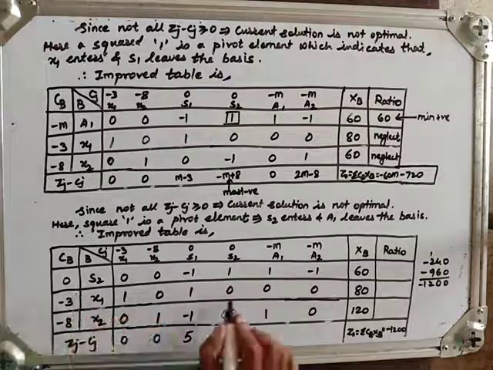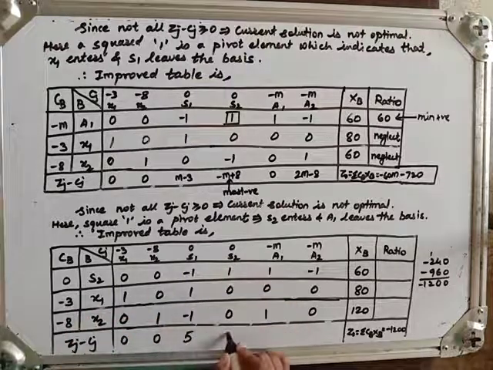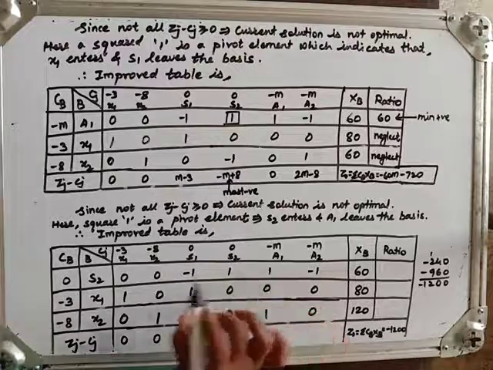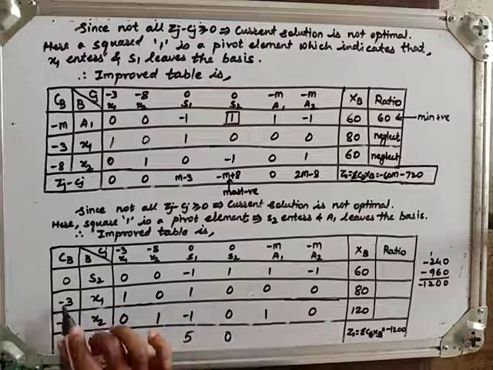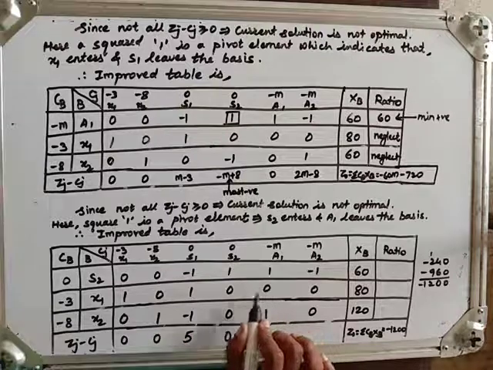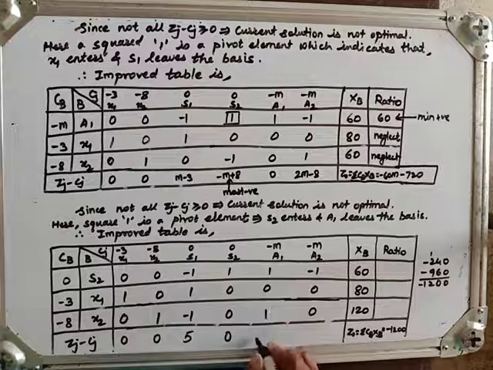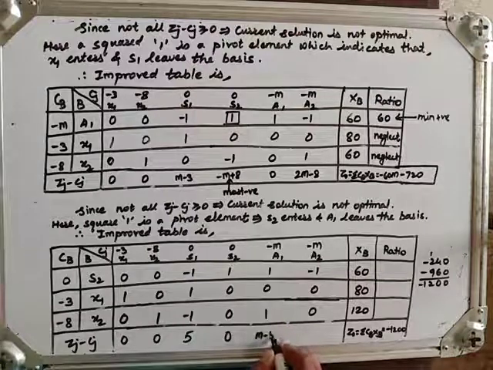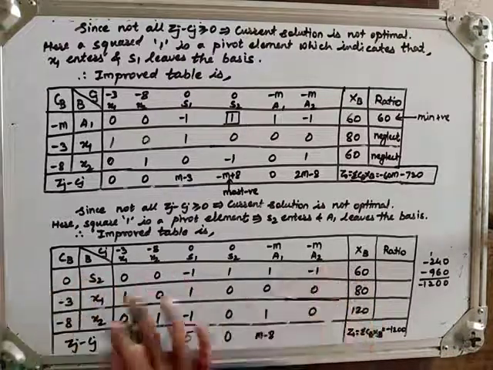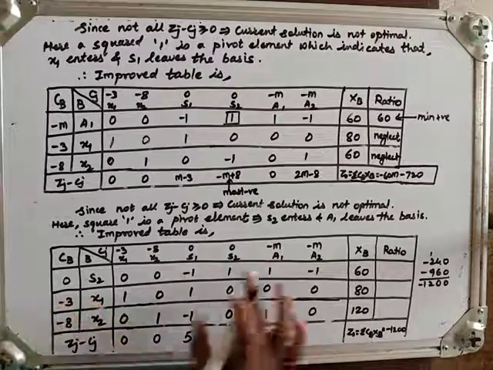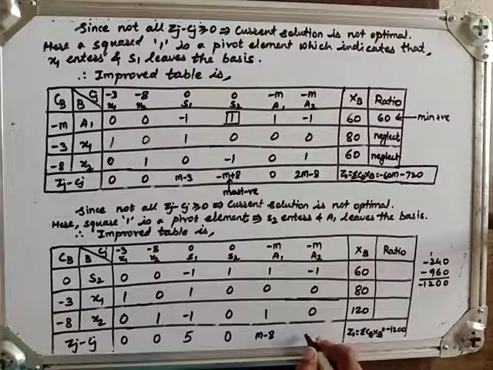Now 0, 0, 0 minus 0, so it will be 0. Now here it is also 0, and this is minus 8, but minus minus plus M, so it will be M minus 8. Now again this is 0, 0, 0 and minus minus plus M, so it will be M.